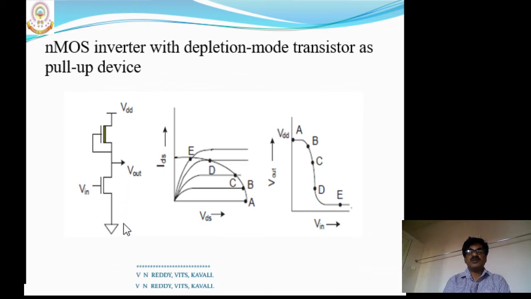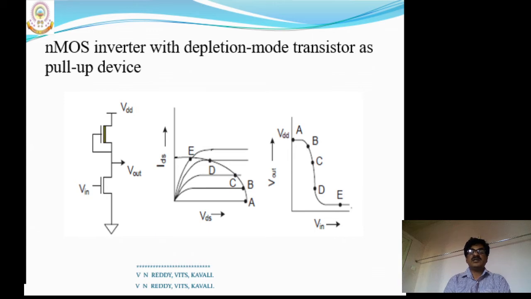Hence, the output voltage is a short circuited voltage. Short circuited voltage is 0, which is considered as logic 0 at the output. So in the second case also we are getting a complement output with the input. So it satisfies the inverter operation.